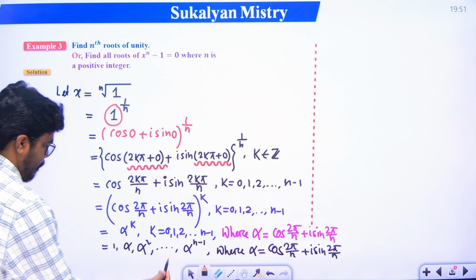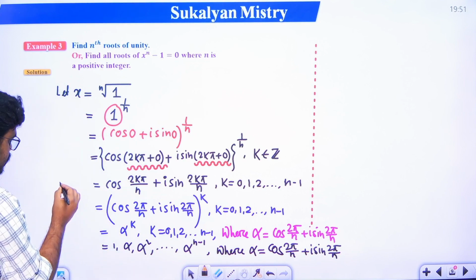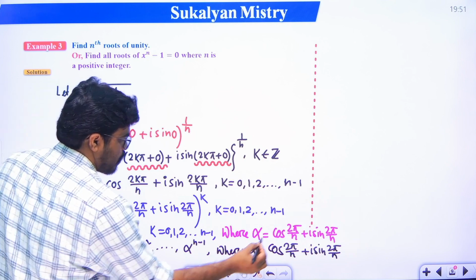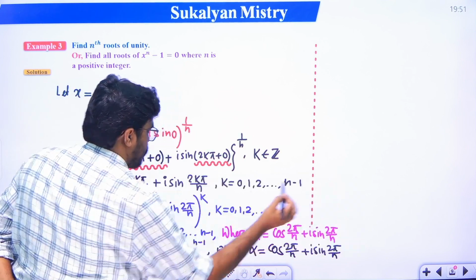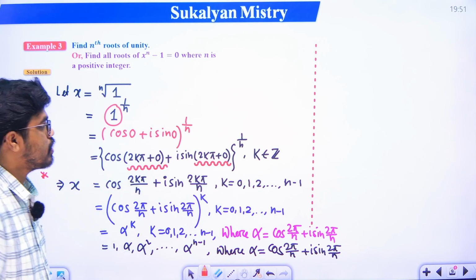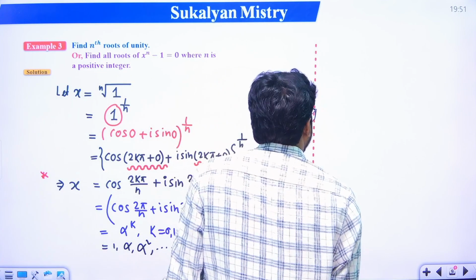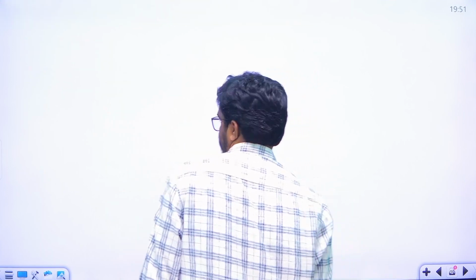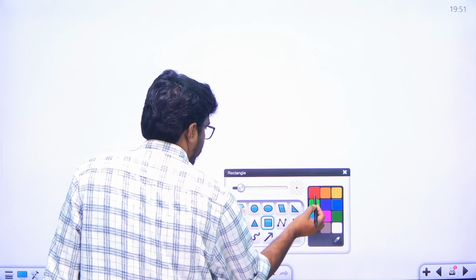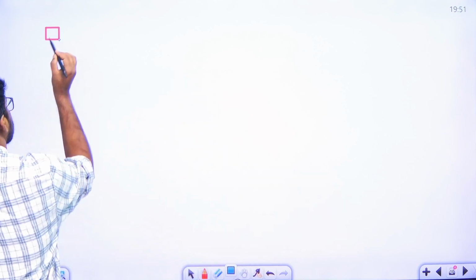What we get? We get x is equal to this, from this. What we get? X is equal to this, right? So x is equal to, see, what we get, do this.